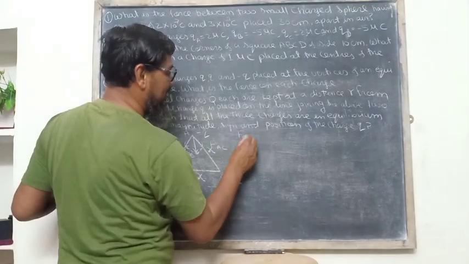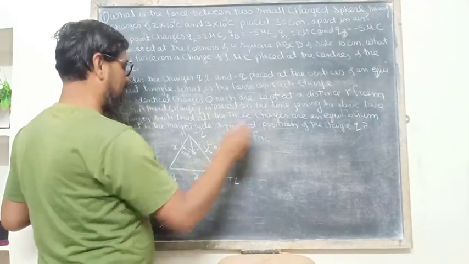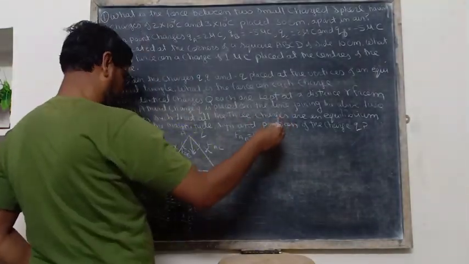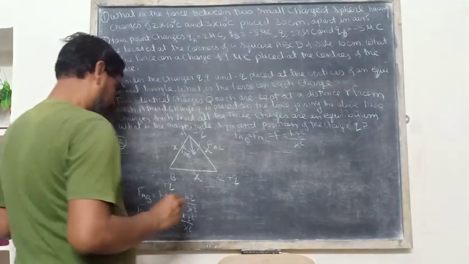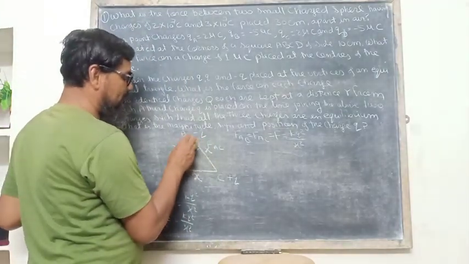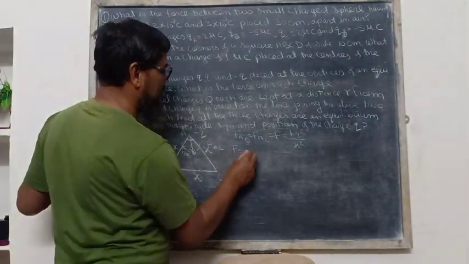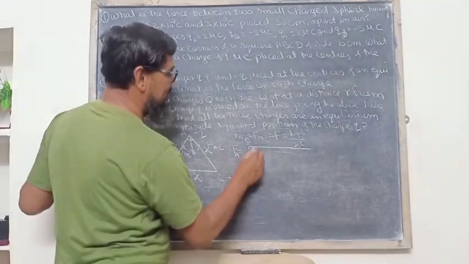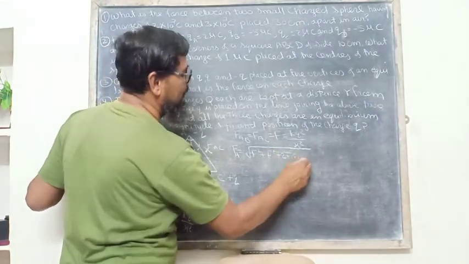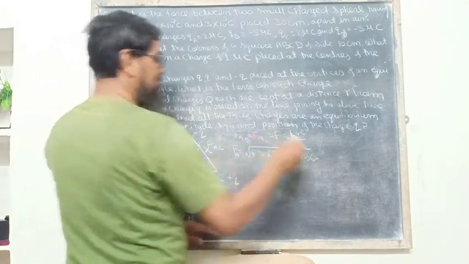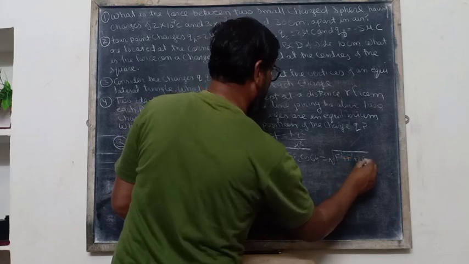Means both forces FAB is equal to FAC is equal to F, and its value is KQ square upon x square. Now we calculate the resultant force. This angle is no doubt 60 degrees because this is an equilateral triangle, and F is equal to the vector sum of these 2 forces, which is equal to under root of F square plus 2 F1 F2 cos 60 plus F square.